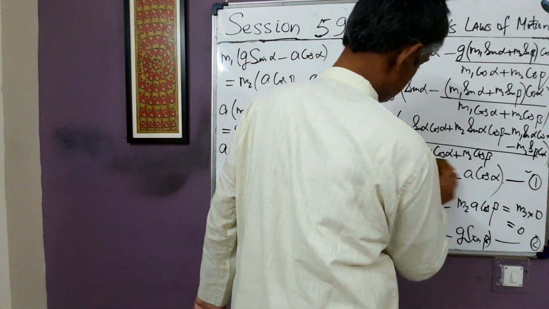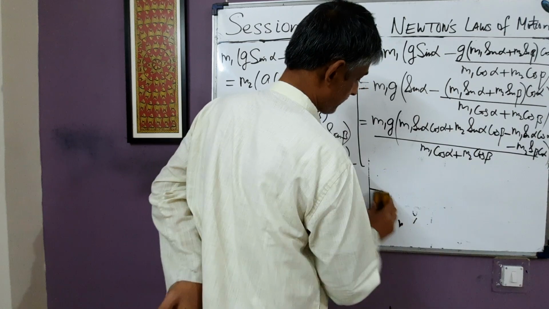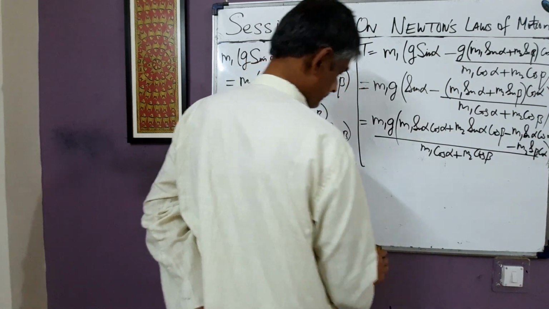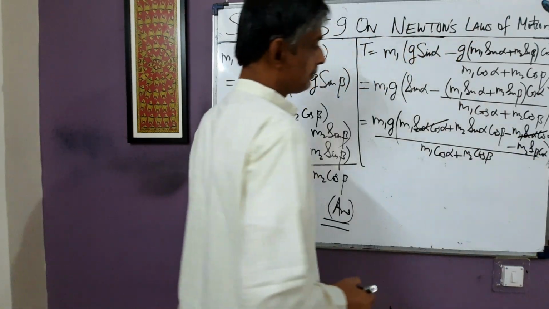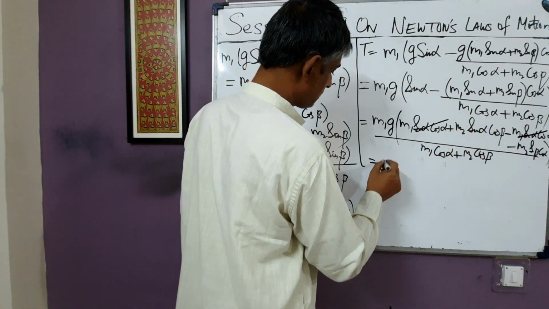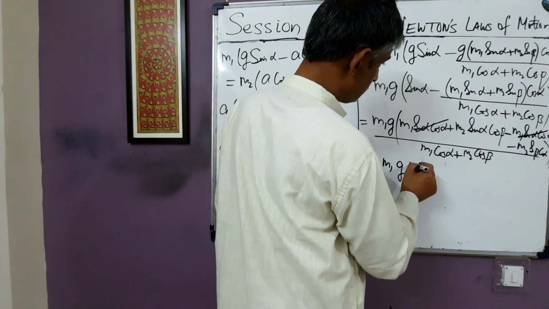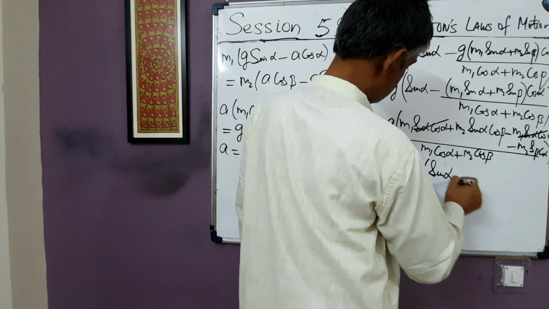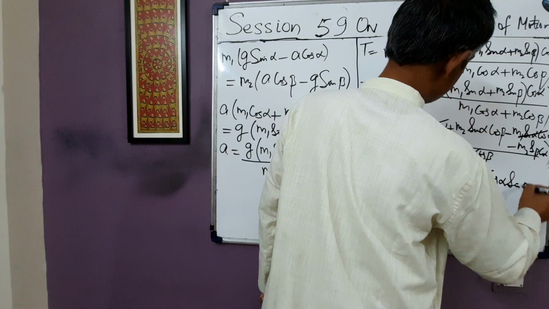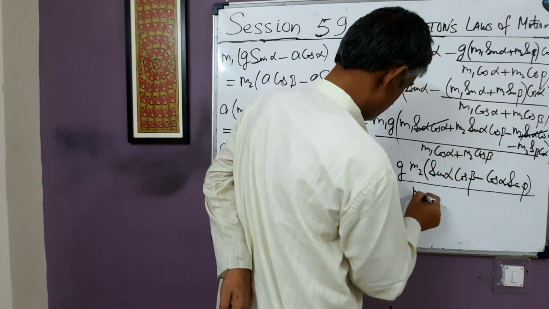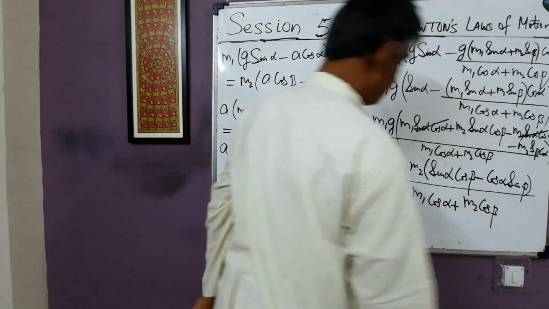Now see, this term goes away. This is a common term, M2 comes outside. So T is equal to M1g, M2 comes outside, sin alpha cos beta minus cos alpha sin beta, by M1 cos alpha plus M2 cos beta.